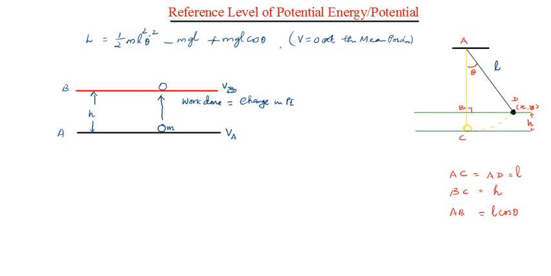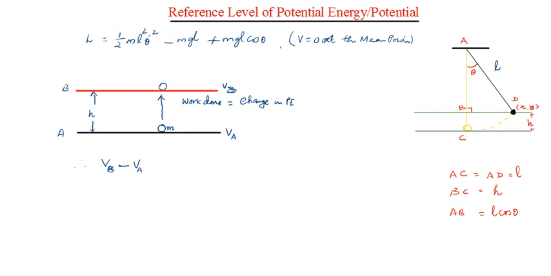So the difference between the potential energies here, since I have taken it from A to B, I can write VB minus VA, like the final potential energy minus the initial potential energy.